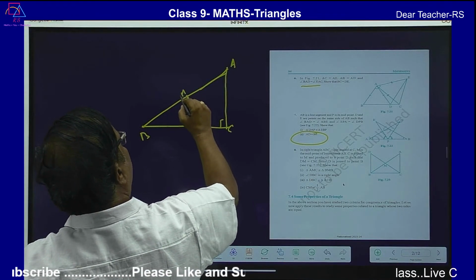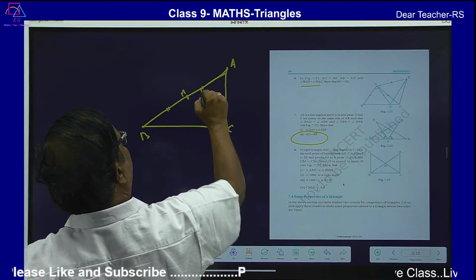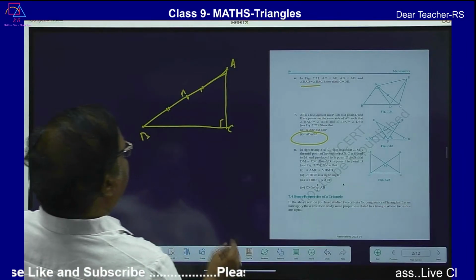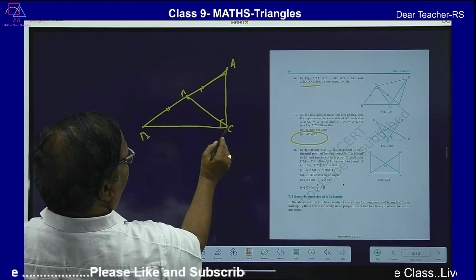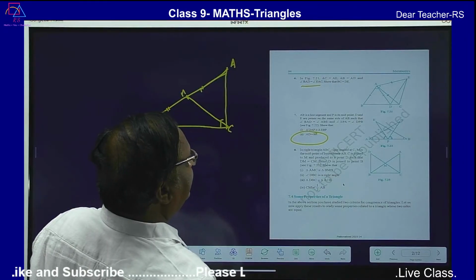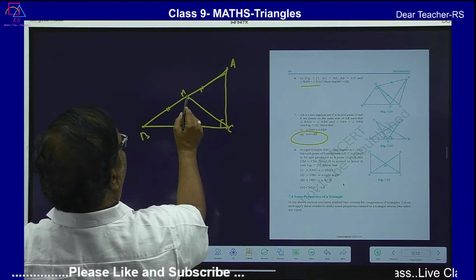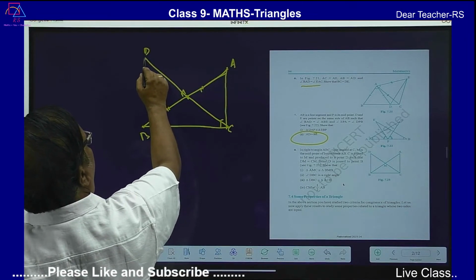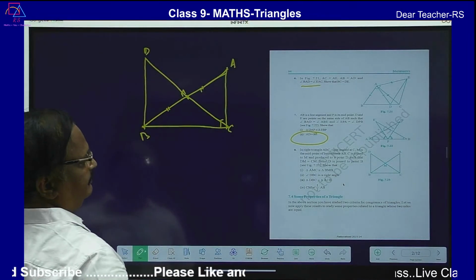M is midpoint, that means these two parts are equal, and C is joined to M. C is joined to M and extended to D. This is D, and BD is joined.